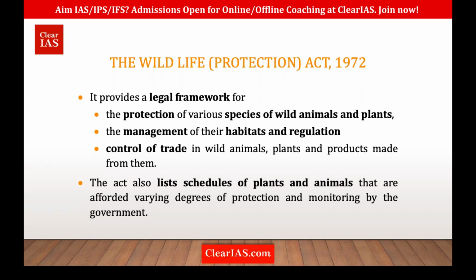Schedule 5 is also important because it had all the species called vermin. If certain species threaten your plantation or your crops, they could be killed, like the rhesus monkey or wild boar. Those are called vermin, and they came under Schedule 5 of the Wildlife Protection Act. That is how they gave protection to animals and species.